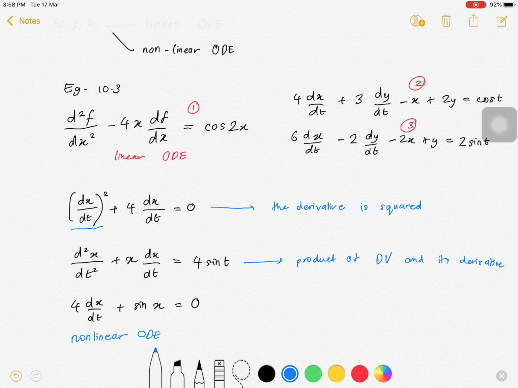It's right here: this is the dependent variable and this is its derivative. So when we have this kind of product, the equation will be nonlinear.